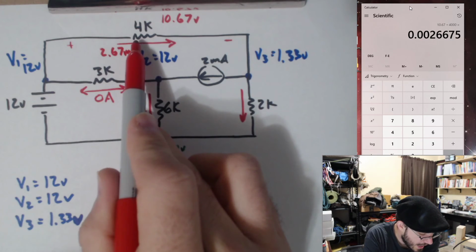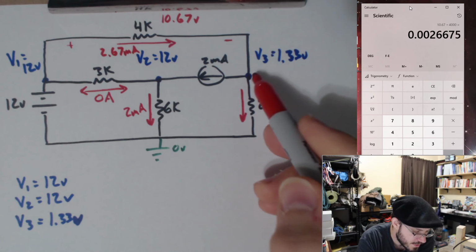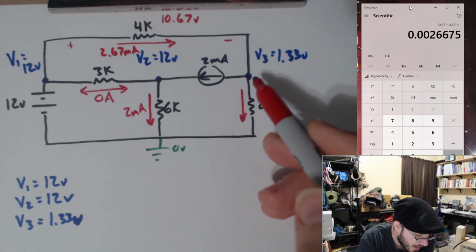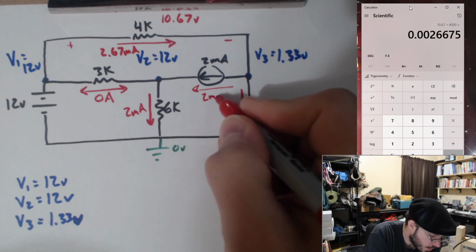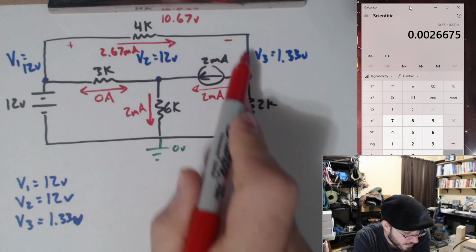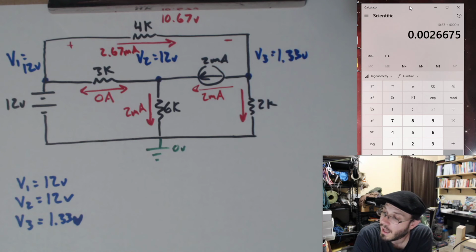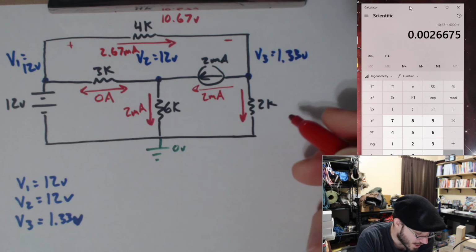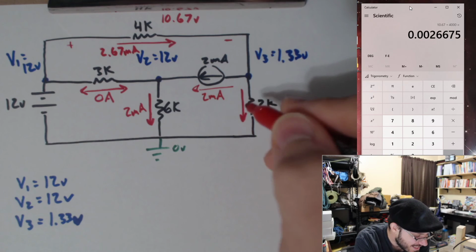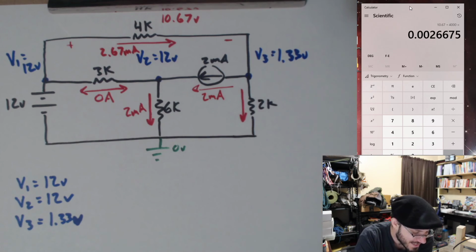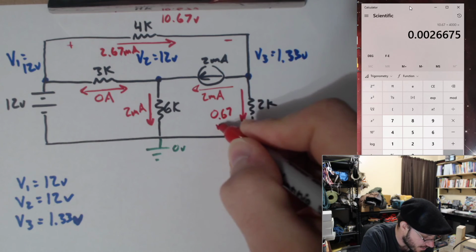Now notice I have 2.67 milliamps flowing into this node, and I have 2 milliamps leaving this node here. The sum of all currents entering must equal the sum of all currents leaving. So my good friend Kirchhoff, with his Kirchhoff's current law, says that this should be equal to 0.67 milliamps.